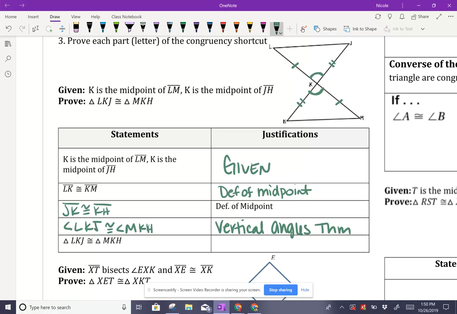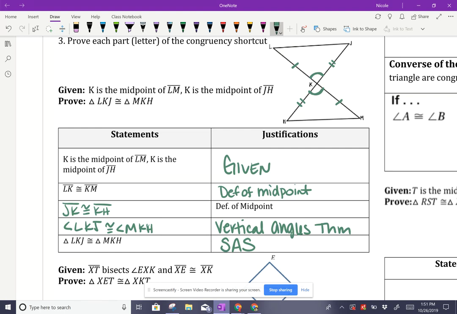Again, following the correct path, if I started at L and I go down that line to K, that is congruent to the line segment MK, so I need to use that line segment first in naming that angle. So now we've used side, angle, side, and my justification is SAS, or side, angle, side.